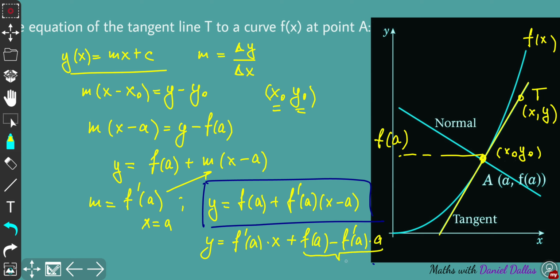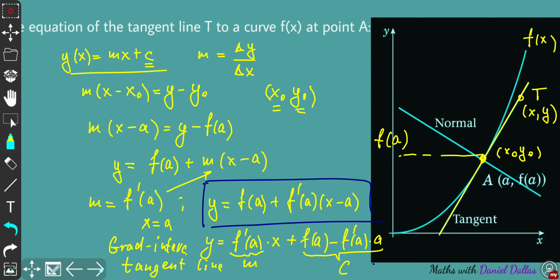So this is the c coefficient, as you can see here. That's the free coefficient, just a number. And f prime(a) is the gradient. So that's the gradient-intercept form for your tangent line, okay? So easily, you can do that.